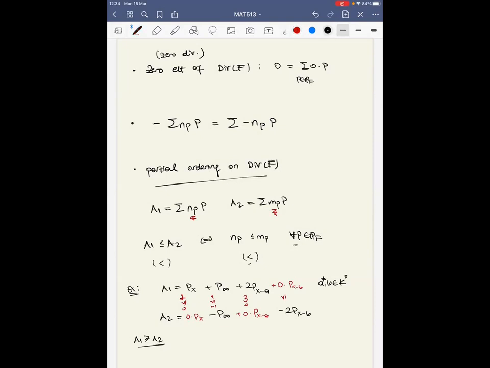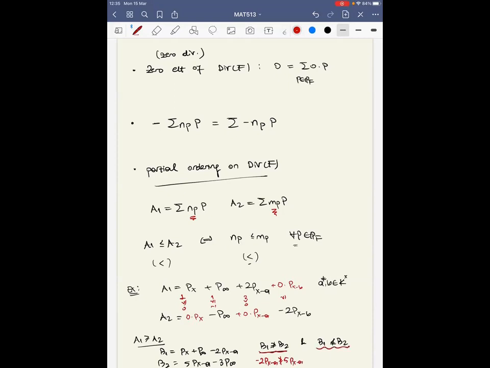But it's not always possible to compare two divisors. For instance, in this case, for the divisors B1 and B2, which are defined as the sum, neither B1 nor B2 is bigger than or equal to the other one, because for this inclusion, it's enough to check that the coefficients of the place P_{x-a} don't satisfy this inequality.